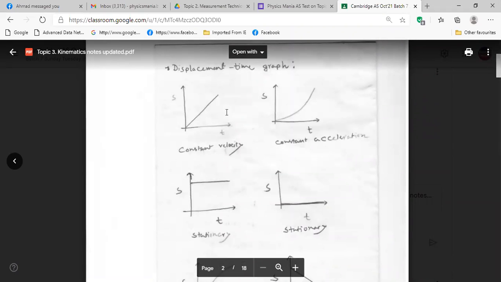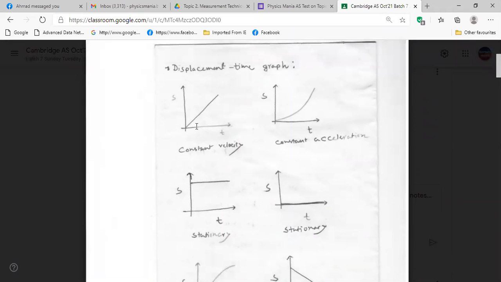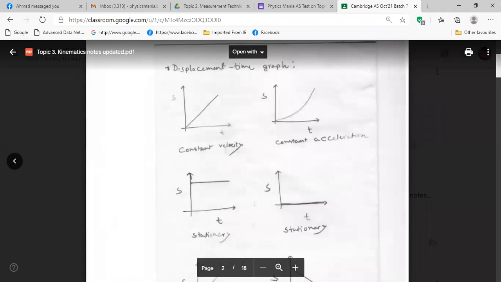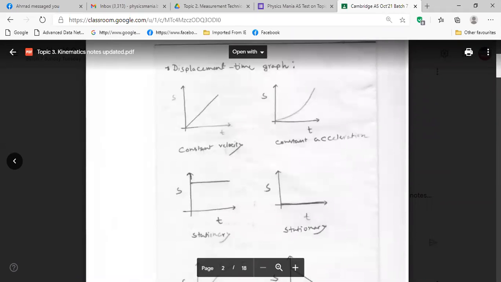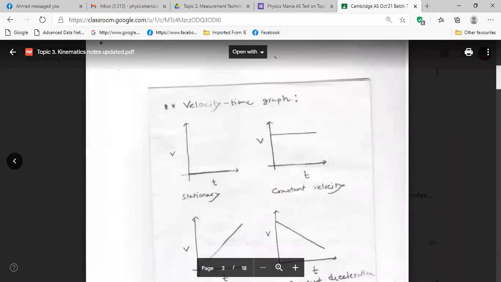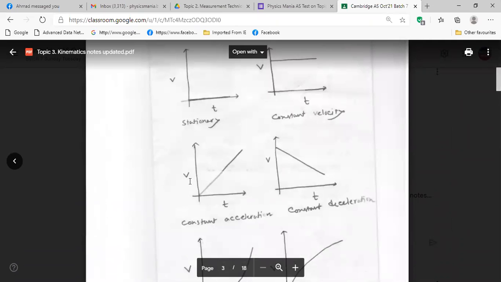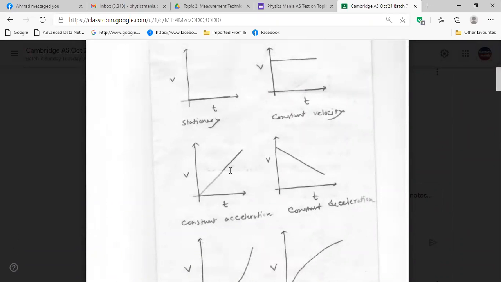Yes, sir. So I was saying this one, that for constant velocity the displacement time graph has a steeper straight line, and for constant acceleration the velocity time graph has the same shape, right? If you are not very careful, you might be confused and get messed up with the shape of the graphs.